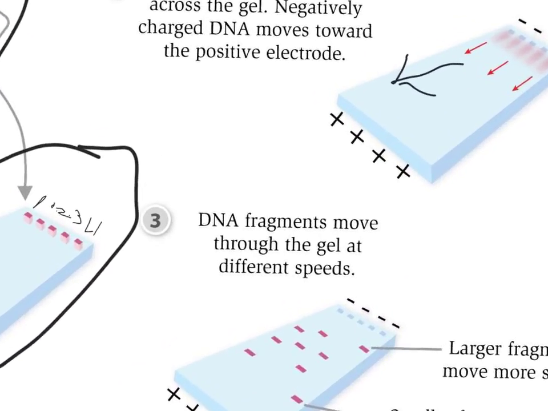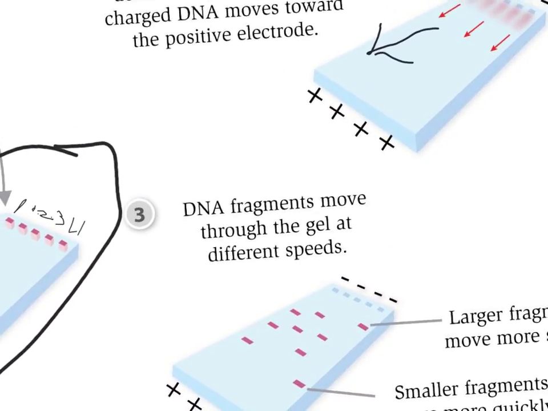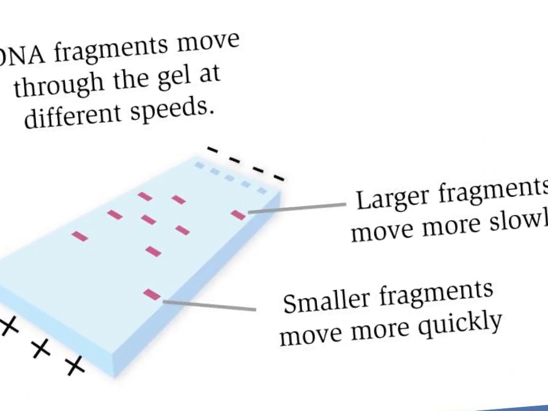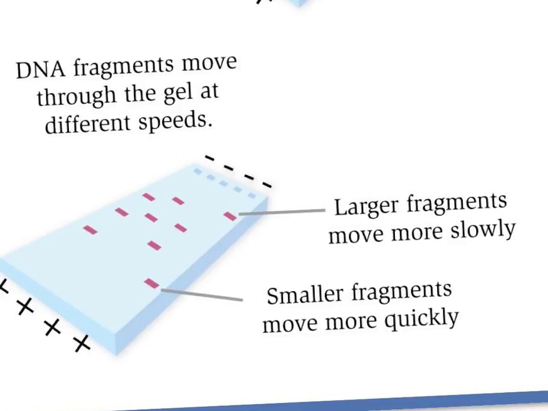Now, the DNA fragments, depending on the size or the number of base pairs or repeats that each individual has, move through the gel at different speeds. So, larger fragments move more slowly through the gel, and smaller fragments move more quickly.